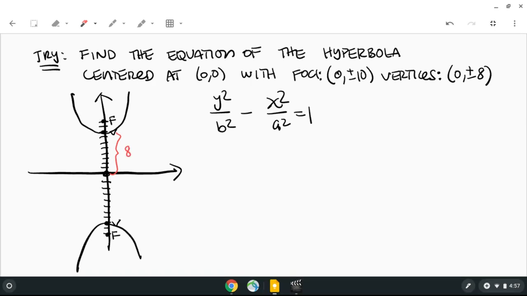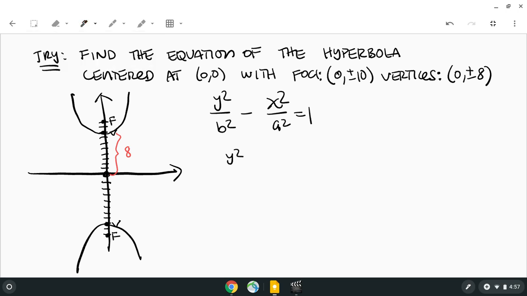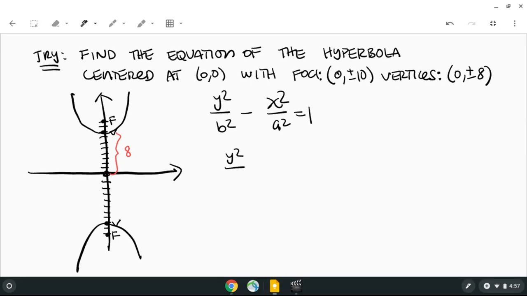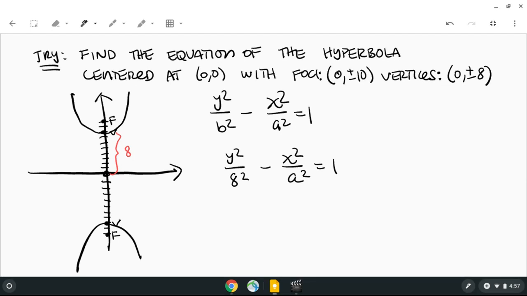So it's going to be 8 squared. So it's going to be y squared over 8 squared minus x squared over a squared, which we don't know. But we do know c, which is going to be the case.